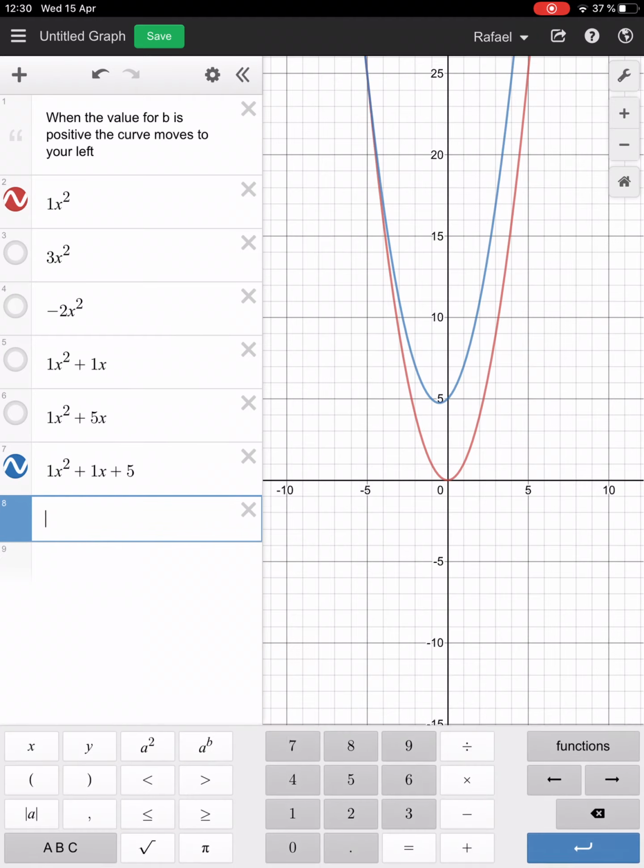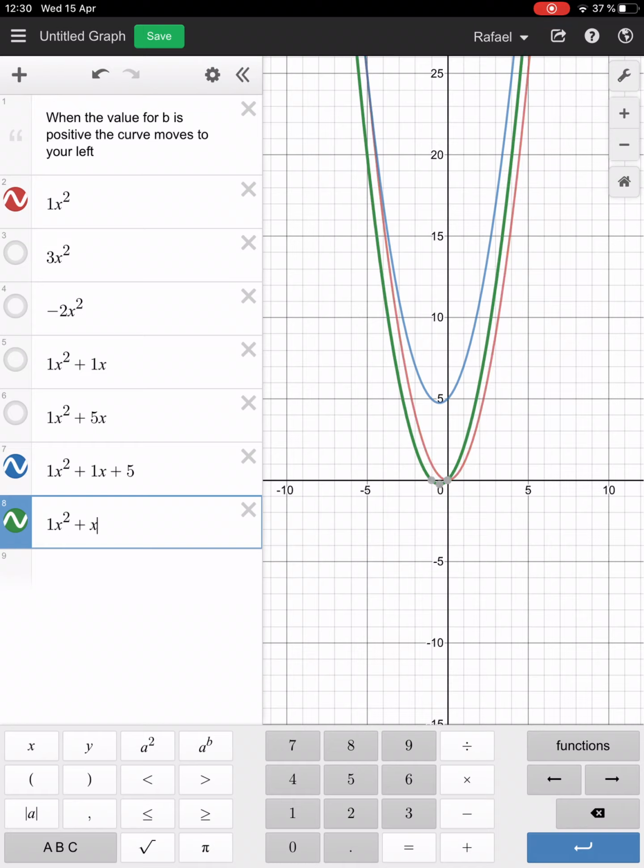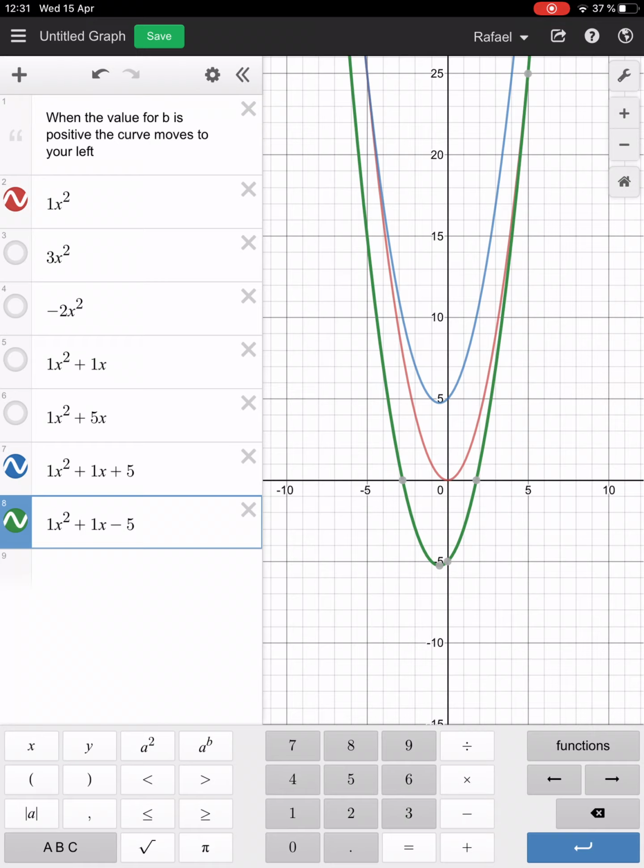By doing a different example, changing the value for c, for example, minus 5, if you see, we're moving through the y-axis 5 down, because the c is negative. With this information you will have enough to complete the worksheet.